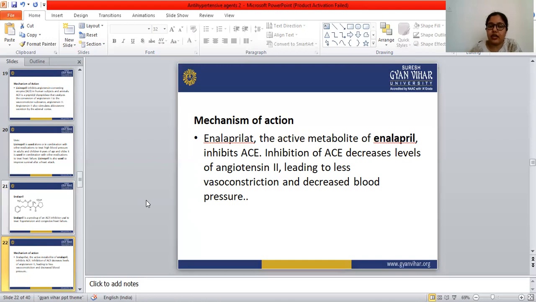So this is the mechanism of action of enalapril. Enalapril is a prodrug of an ACE inhibitor, and enalaprilat is the active metabolite.